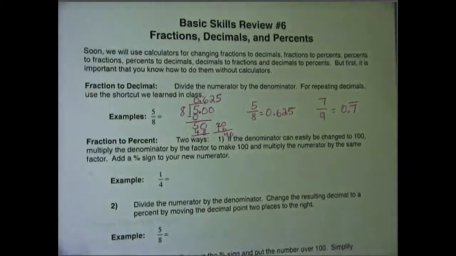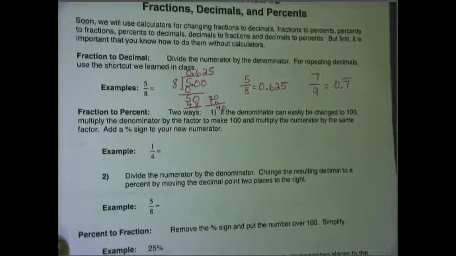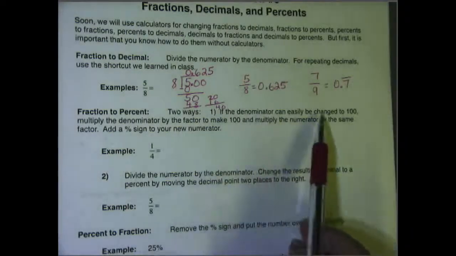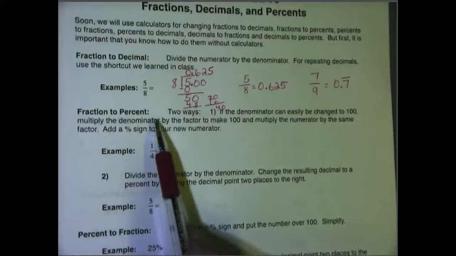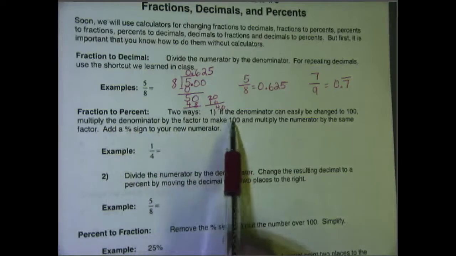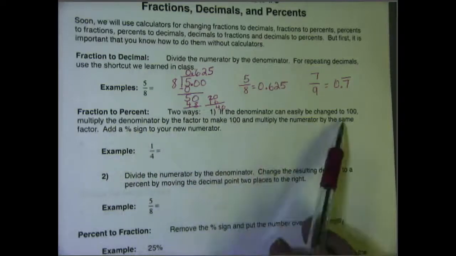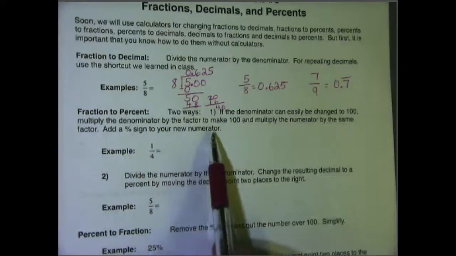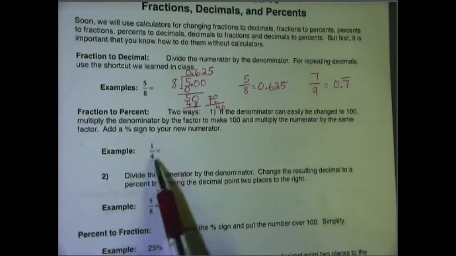Now, to change a fraction to a percent, there are two different ways. First of all, if the denominator can easily be changed to 100, multiply the denominator by the factor to make 100 and multiply the numerator by the same factor. Add a percent sign to your new numerator. So your example is 1/4.